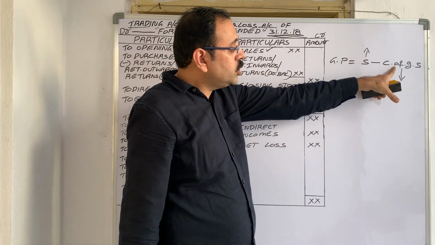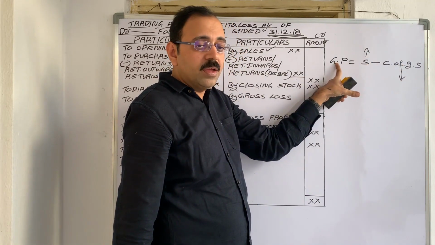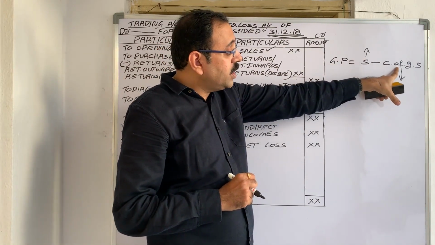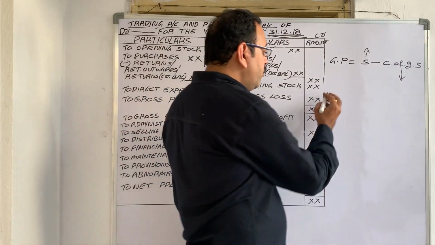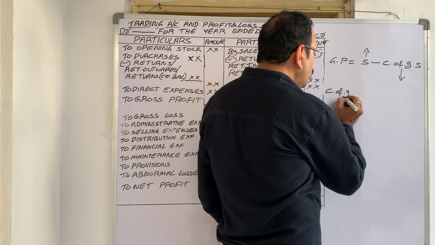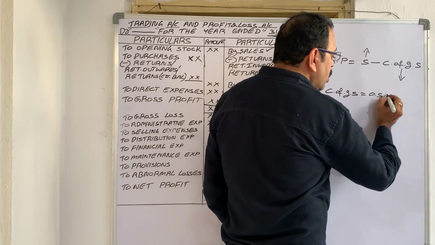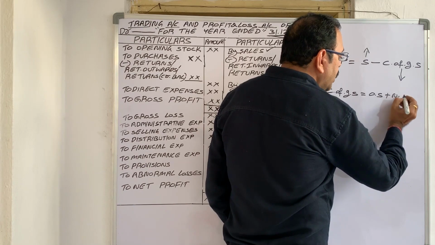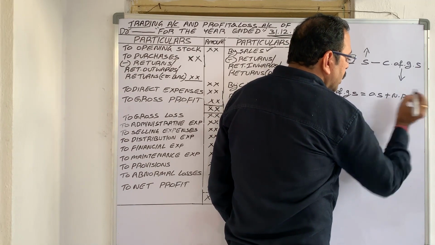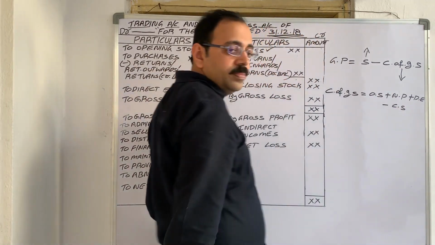If the cost of goods sold amount is more than the sales amount, then the answer is called gross loss. Now, how do we calculate this cost of goods sold? For that also there is one formula. Cost of goods sold is equal to opening stock plus net purchases plus direct expenses minus closing stock.